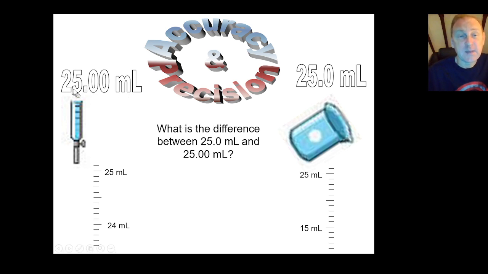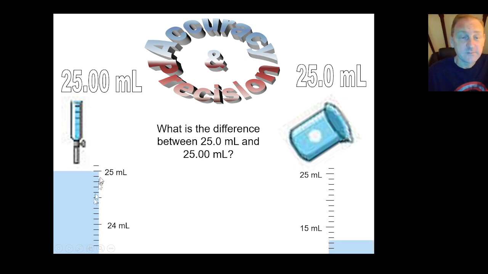Even though I don't have a picture when I see this number, I know something about the equipment that was allowing me to measure to the 100th of a milliliter. But in this measurement, I was only able to measure to the 10th of a milliliter. So let's take a look at what this might look like when we're taking these measurements.